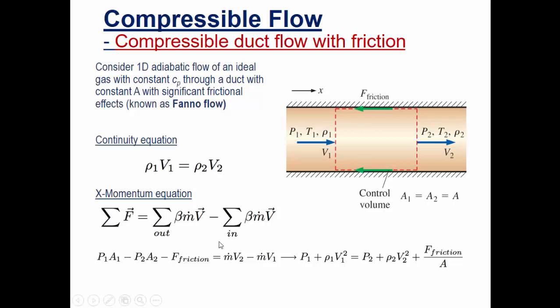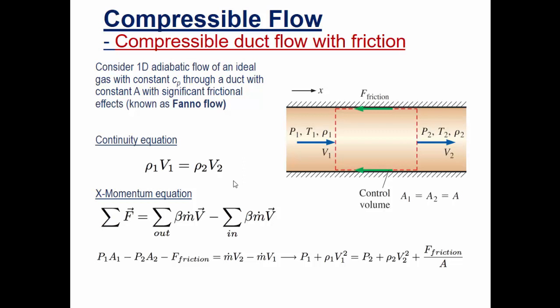On the right hand side we have the momentum of the flow, which consists of the mass flow rate and the velocity. When we include the continuity equation into the x direction momentum equation, we can replace the mass flow rate with rho v, the density times the velocity, since the cross-sectional area throughout the flow is constant.